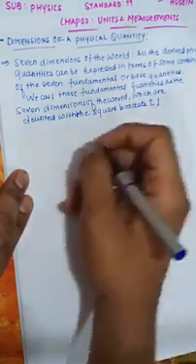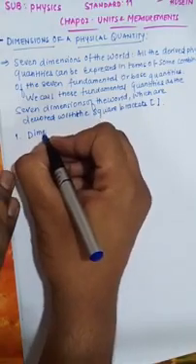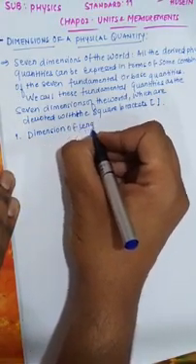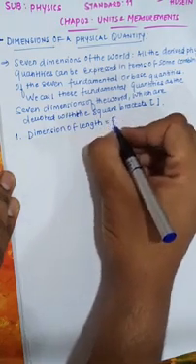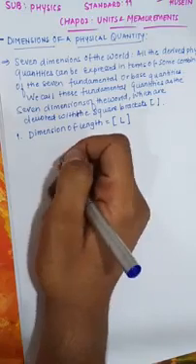Like this. The very first quantity that we have seen is length. Dimension of length will be denoted by the square bracket, inside which you put L. Clear?